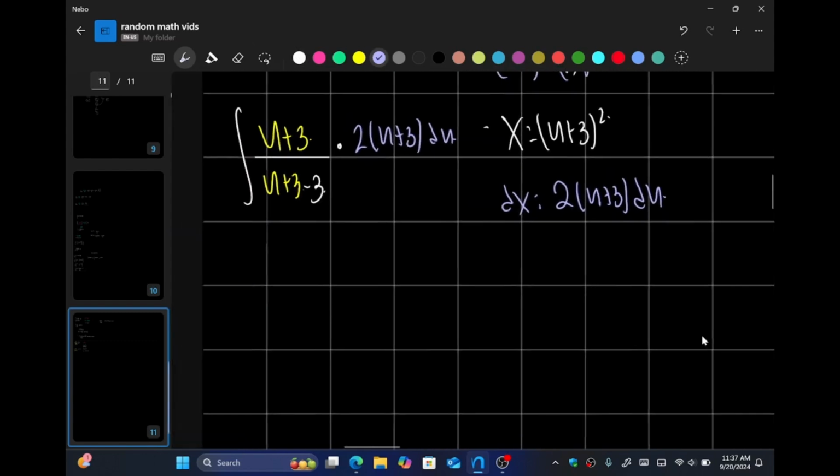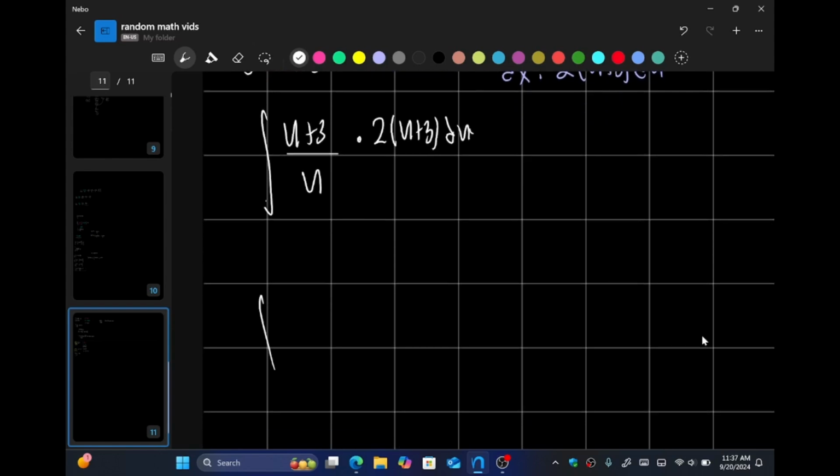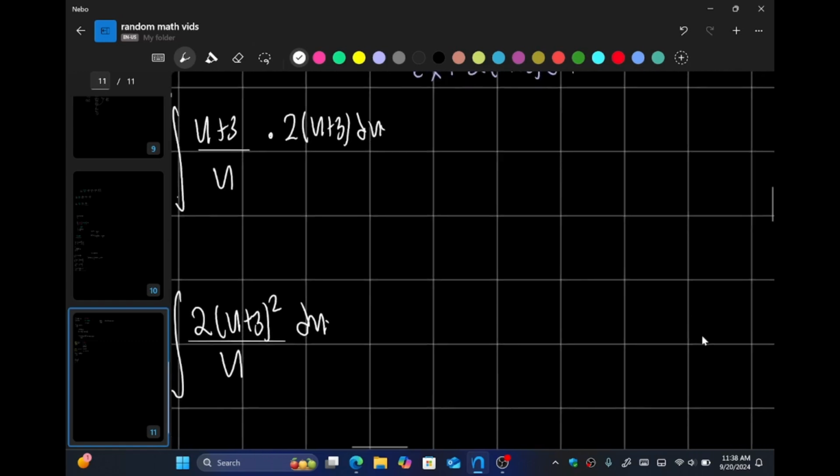Now we're going to rewrite this: u plus 3 over u, and then times 2 times u plus 3 du. So really this is going to be the integral of 2 times u plus 3 quantity squared all over u du.